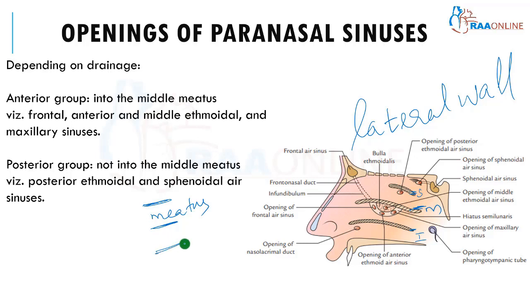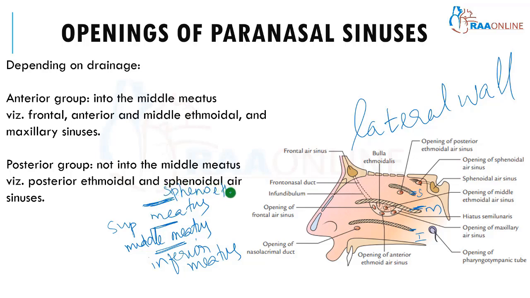Between the middle and the inferior is the middle meatus of the nose, and below the inferior nasal concha is the inferior meatus of the nose. Above the superior nasal concha is a space called the sphenoethmoidal recess.